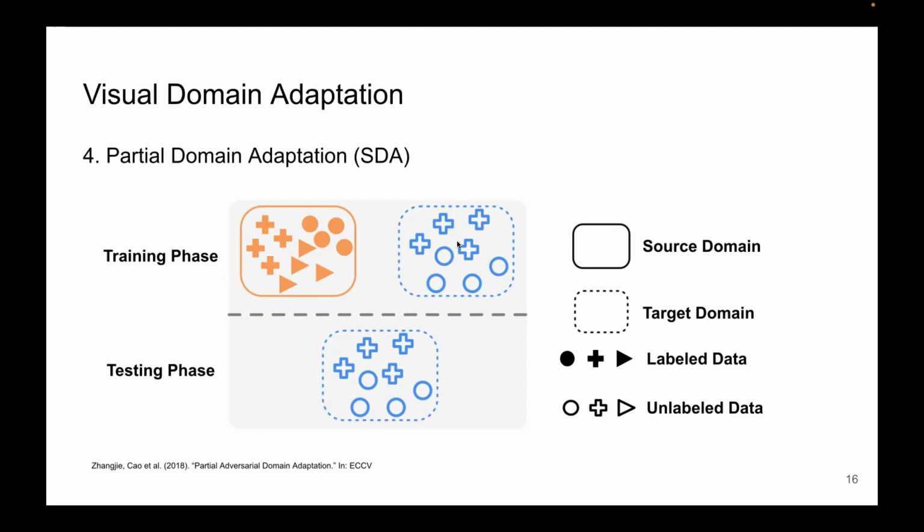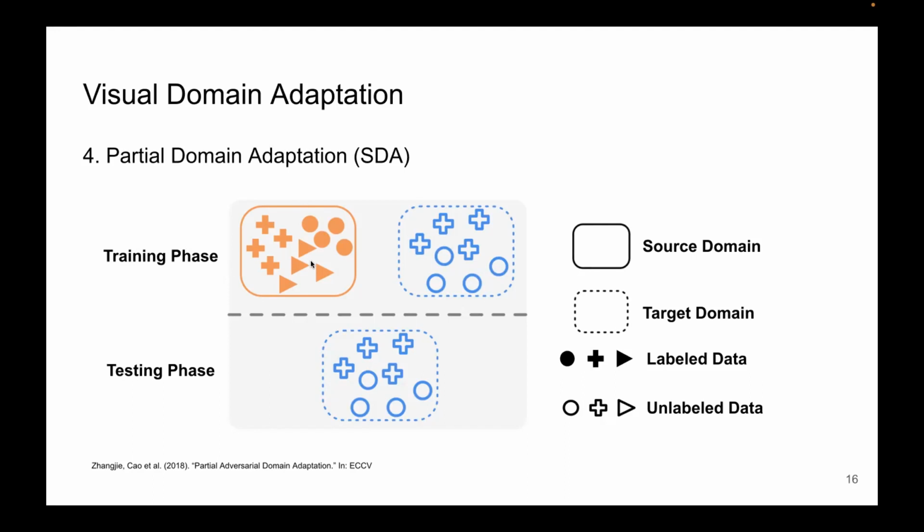This is also reasonable because in reality, let's say you have a very unique problem. You only have a small number of classes, but you would have access to a large number of unlabeled samples from many classes. It doesn't make sense that every time you have to choose the specific classes to help you train the model, right?